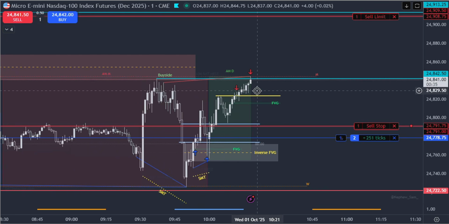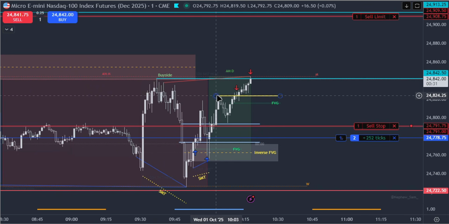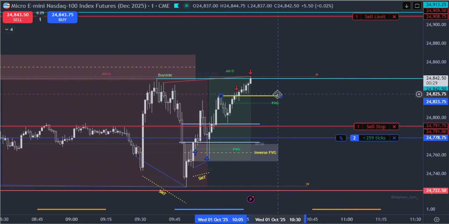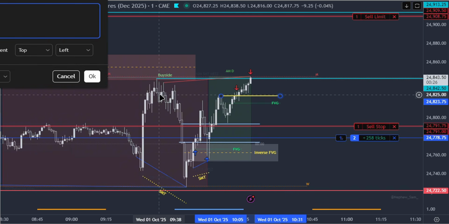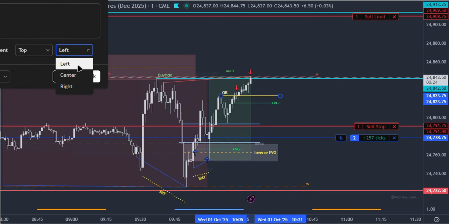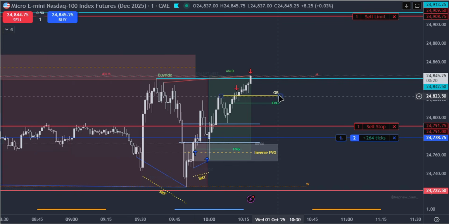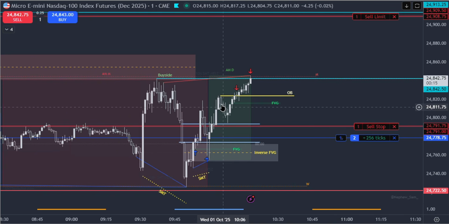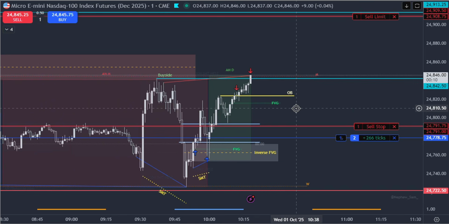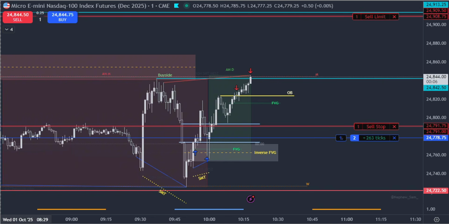We don't want it to wick, okay? These are order blocks. All of these together, these are all order blocks, okay? We want to use the left side as support now.